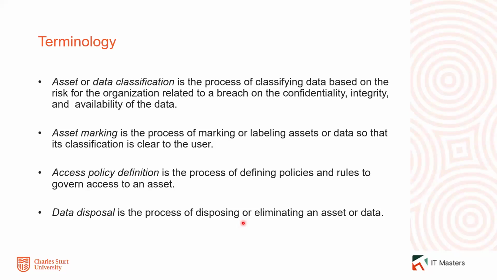The access policy definition is then the processes built around defining the policies and the rules that determine how each of these objects or assets are accessed by subjects or users based on the data classification that we've given them. And then finally, data disposal is the process of eliminating the access, removing the access, or otherwise disposing of the asset in a timely manner.